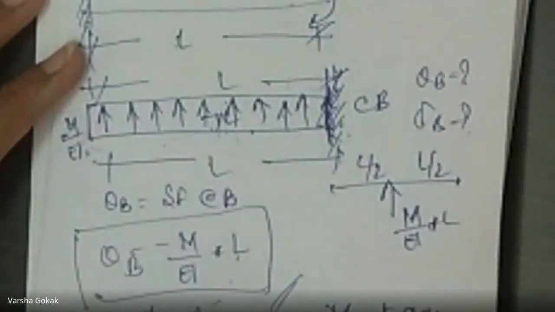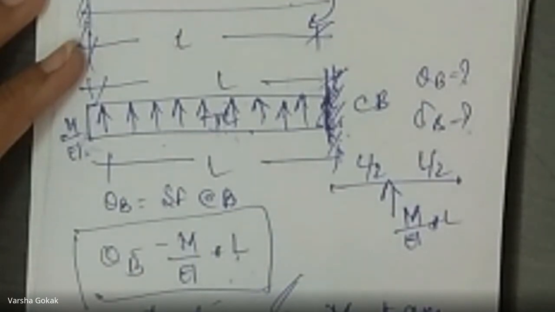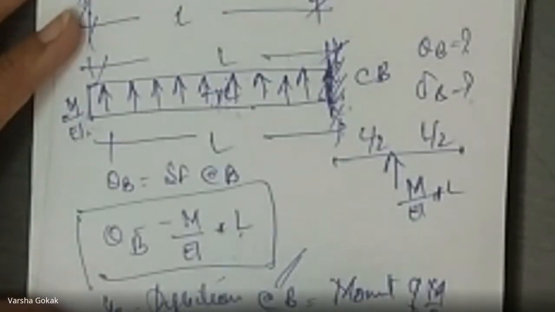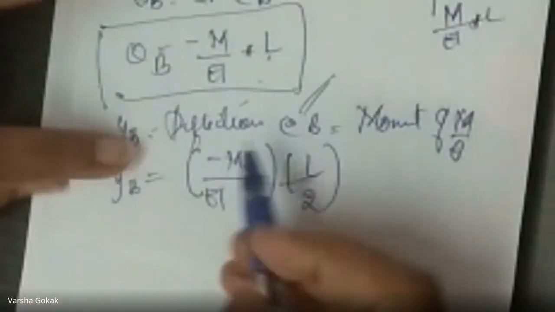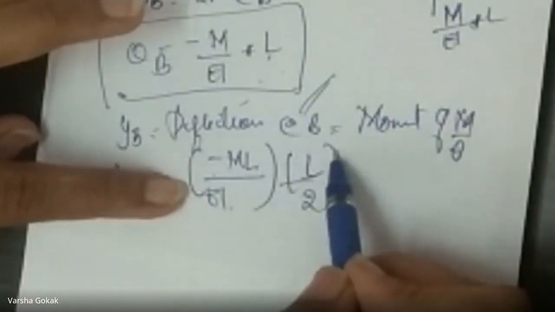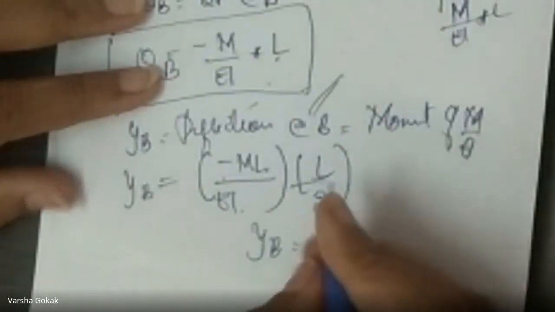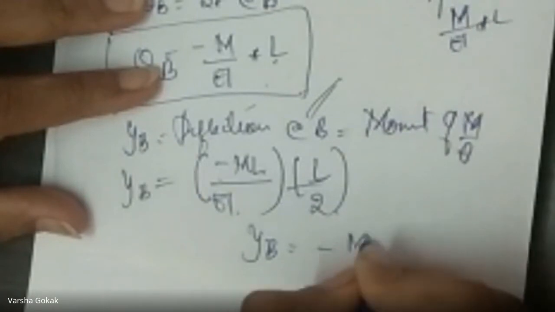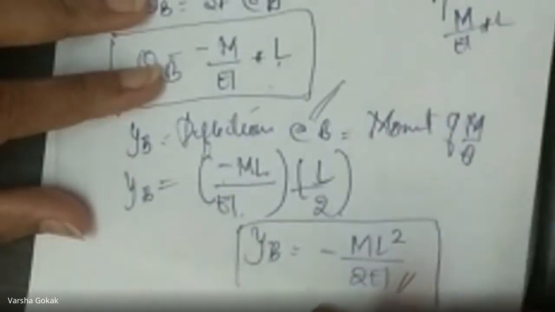So YB is going to be force into L by 2, W into L by 2, no? So minus ML by EI into L by 2. So what is the deflection? Minus ML square by 2EI is the deflection at point B.